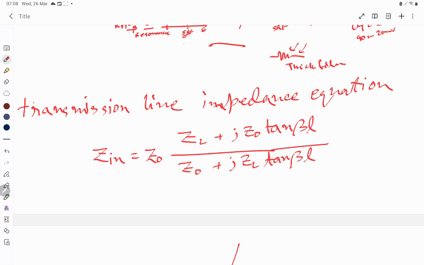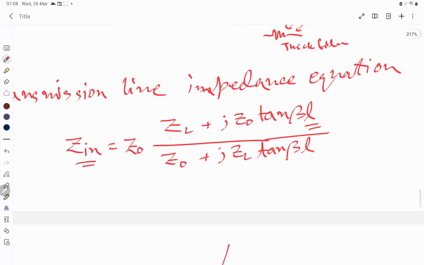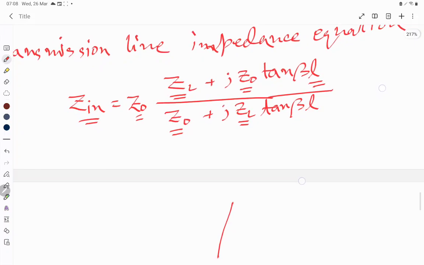We can define an input impedance of a transmission line of length L with a load impedance of ZL at the end, and the characteristic impedance of the line as Z0, using this equation, where Zin equals Z0 into ZL plus jZ0 tan beta L upon Z0 plus jZL tan beta L.